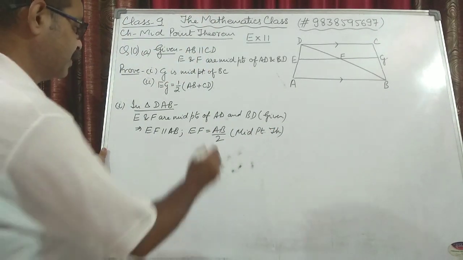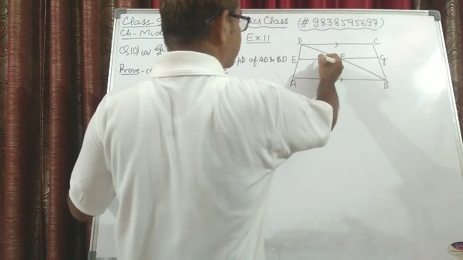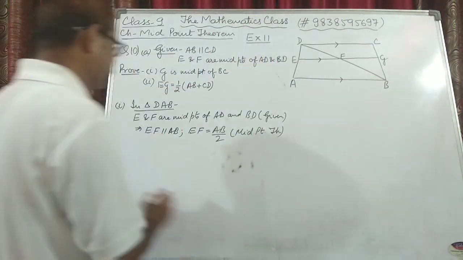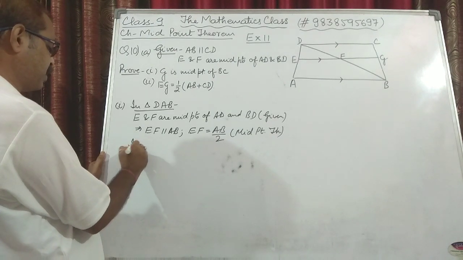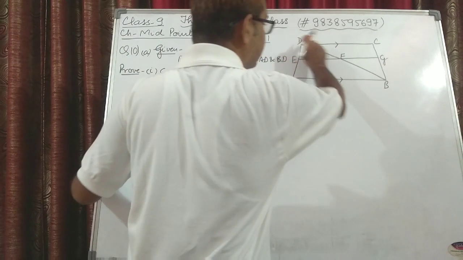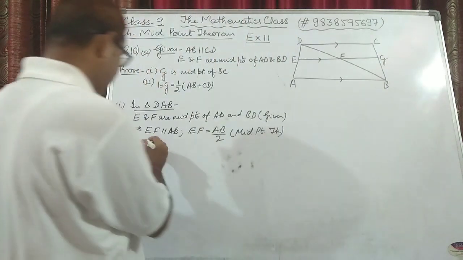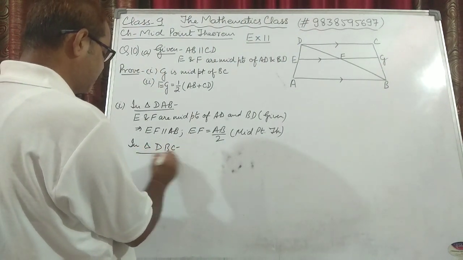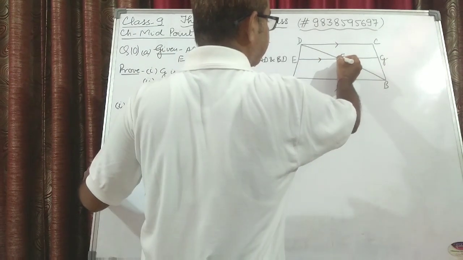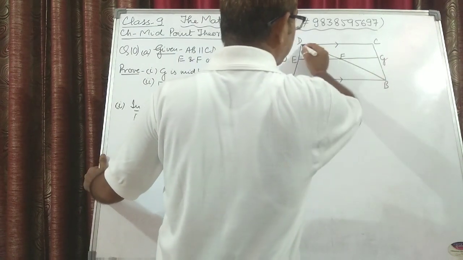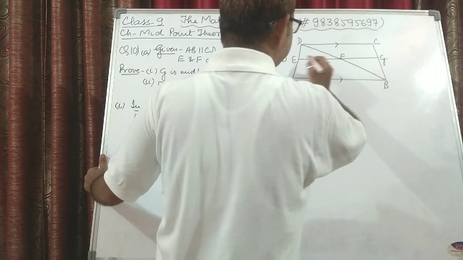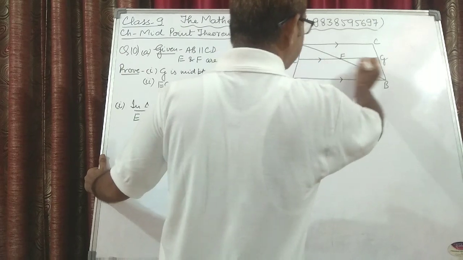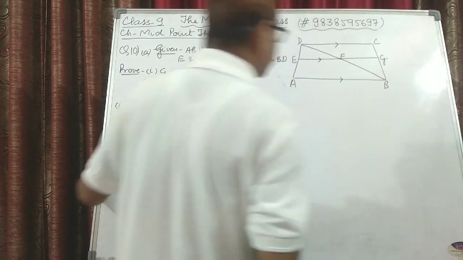So we have proved that EF is parallel to AB. Now, if we consider triangle DBC, F is the midpoint of DB, and since EF is parallel to AB, EG is also parallel to AB. Why?